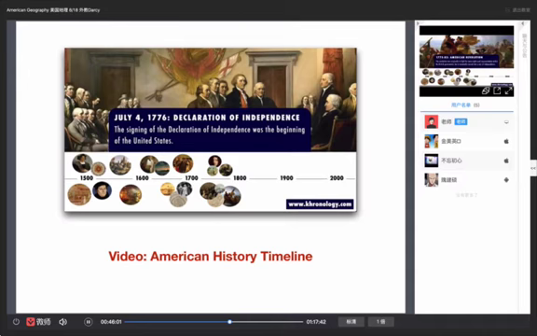Famous painting of George Washington here. In 1776, the signing of the Declaration of Independence.